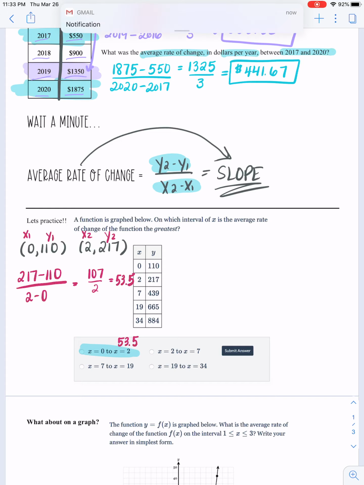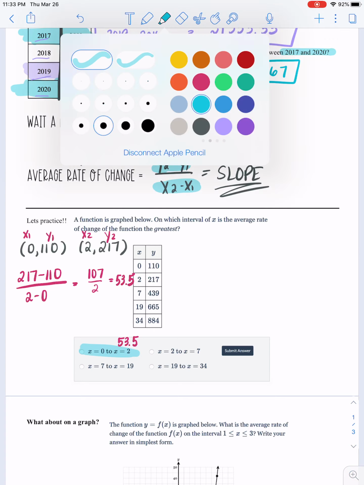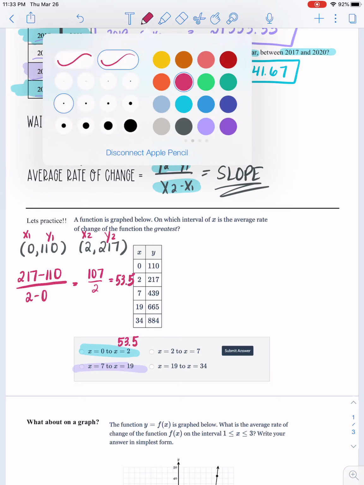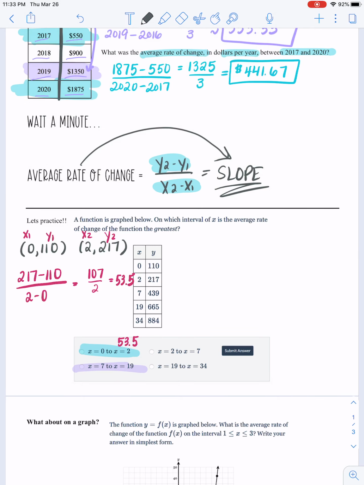Let's do another piece. Oh, I got an email. That's from x equals 7 to x equals 19. So again, I got to do the same thing. So when x is 7, my y value is 439. And when x is 19, my y value is 665.